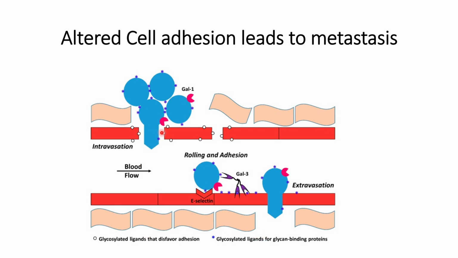And here this open circle represents the glycans that do not favor adhesion. So at the site of the tumor, the glycans on the tumor cells and the glycans on the endothelial cells will not favor adhesion, whereas the glycans at the extravasation site or on the secondary organ favor adhesion, because of the aberrant glycosylation that occurred in the metastatic tumors.